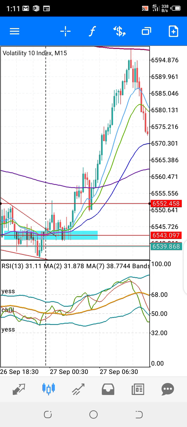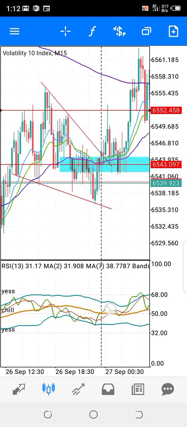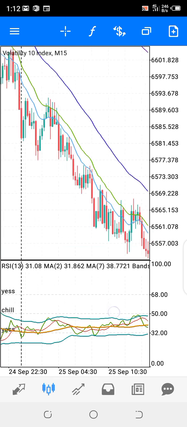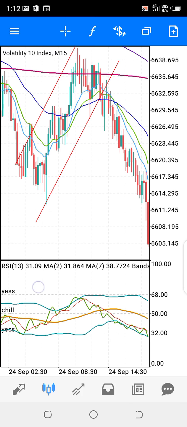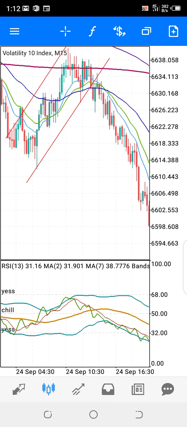Nice. And also another confirmation that I use for my entries, if that pullback comes and touches my 21 EMA, it's also a confirmation. But 21 EMA is not the rule that I use, but it's a confirmation for my orders.